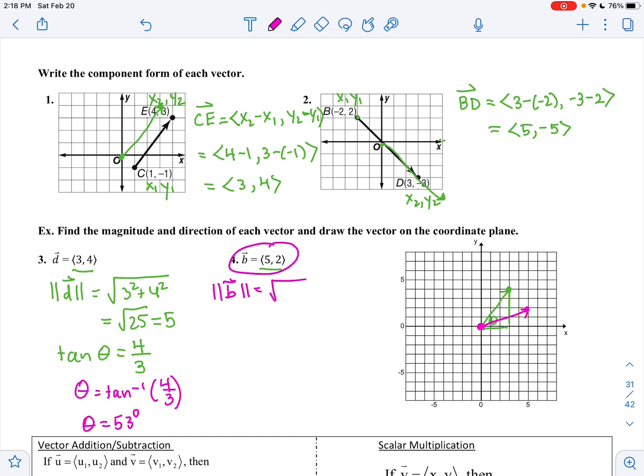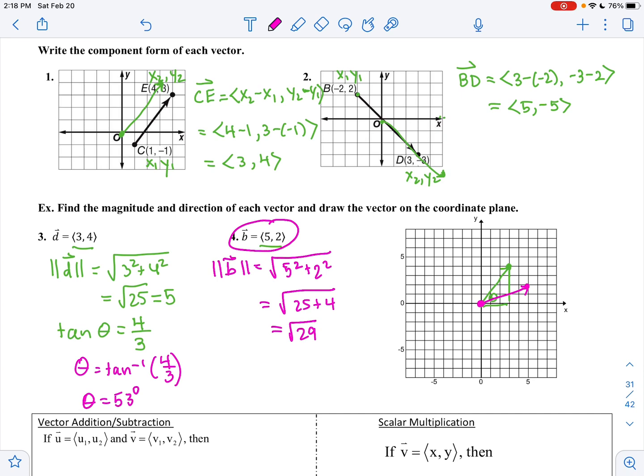That would be the square root of a triangle that has a base of 5 squared plus a height of 2 squared. So if we simplify that, 25 plus 4, or radical 29. We can't simplify that any further. 29 is a prime number.